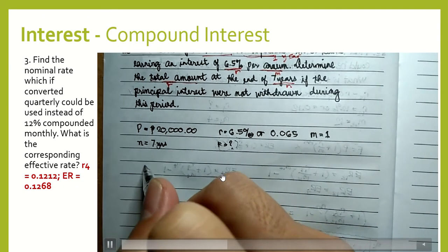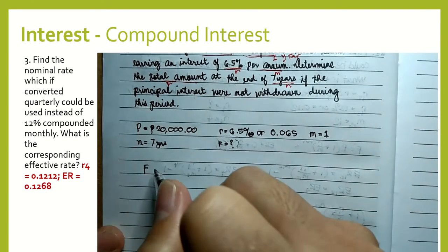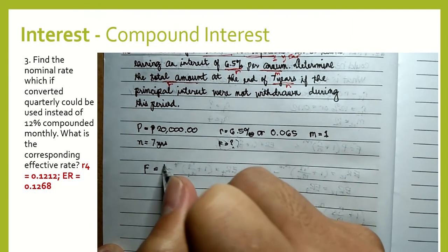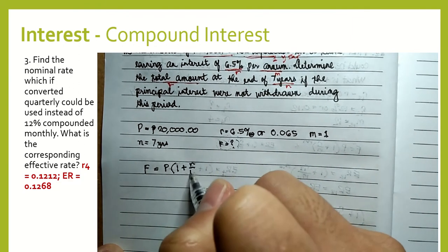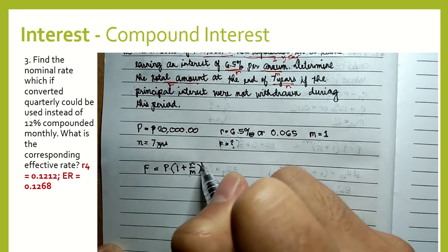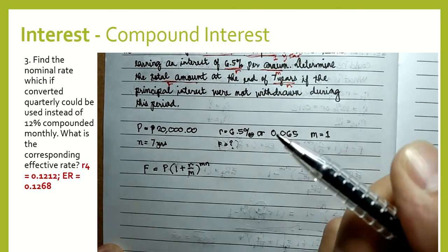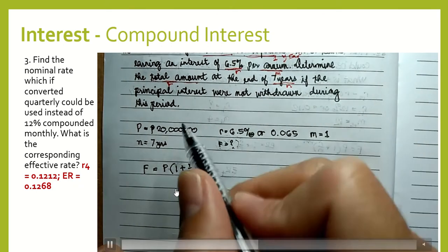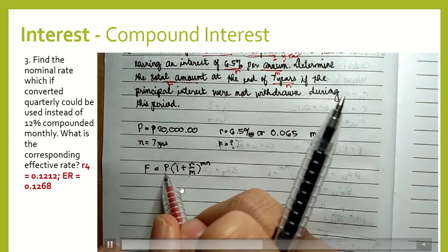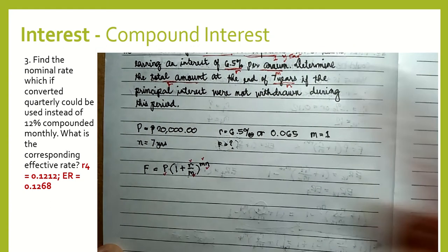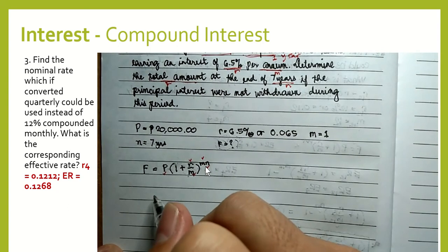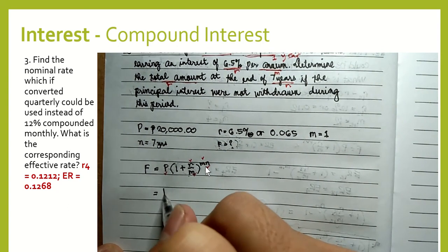So recall the equation. F is equal to P times the quantity of 1 plus R over M, quantity raised to the power MN. We know all these values. We have P, we have R, we have M, we also have N. So just substitute all the values of our known variables.